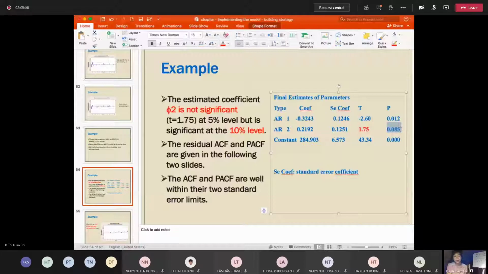So it is greater than 0.05, right? Everyone, that is greater than 0.05.